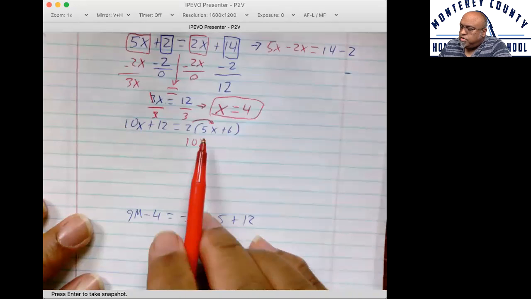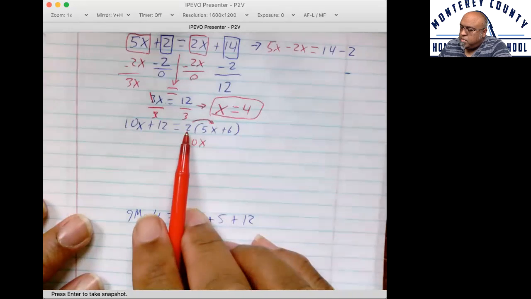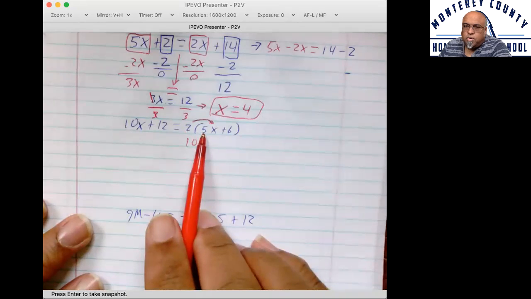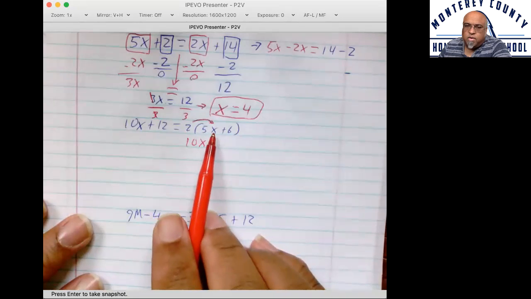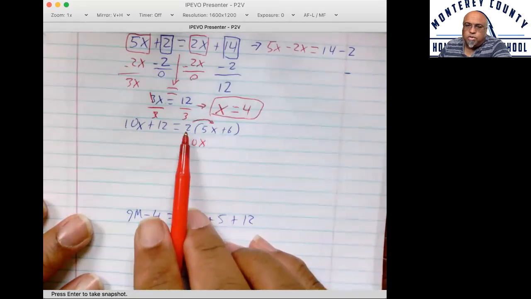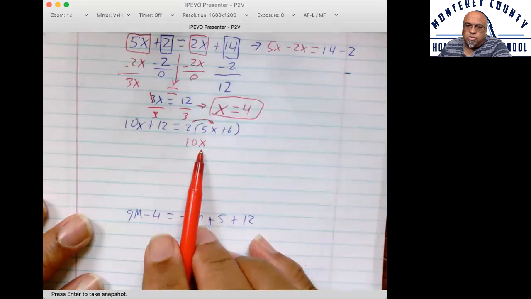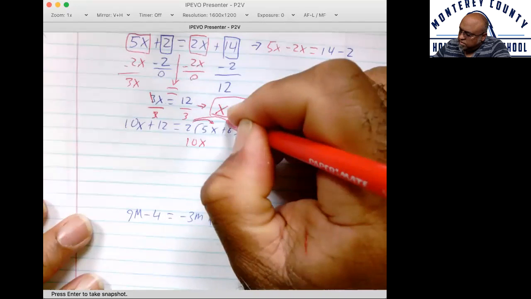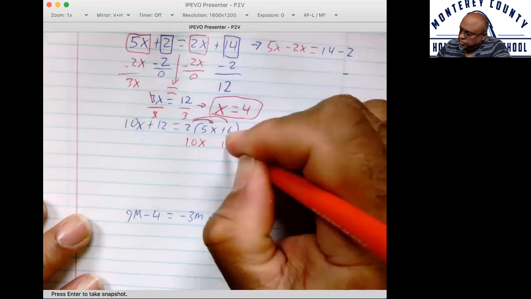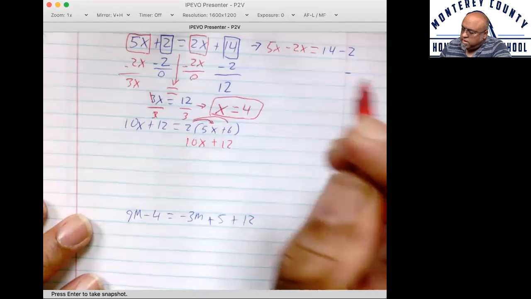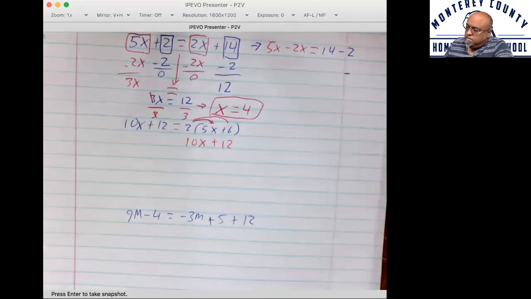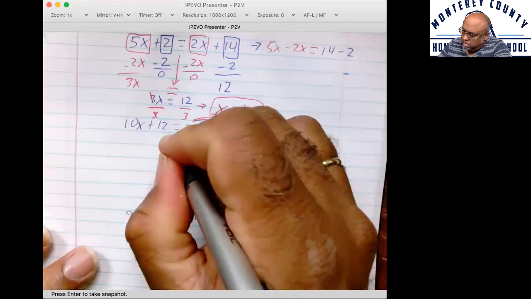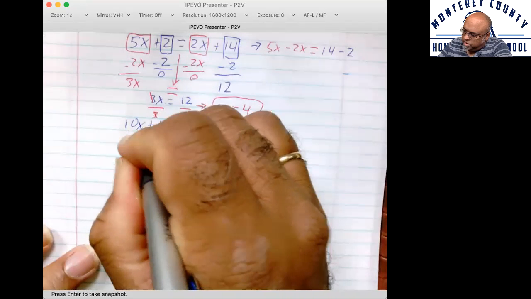Now remember, when you see a number coefficient, meaning a number next to a variable, you just multiply the numbers, but then they're still attached to the same variable. Now we have 2 times 6, which is 12. So now I've distributed.